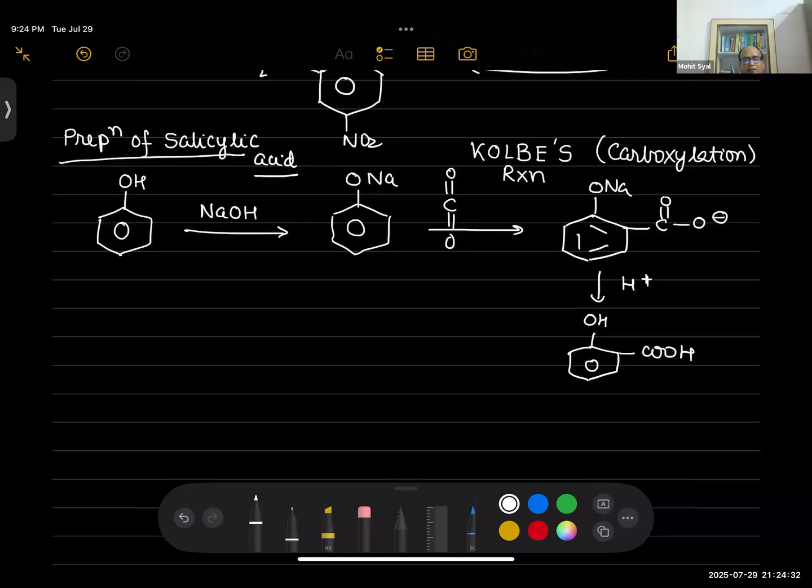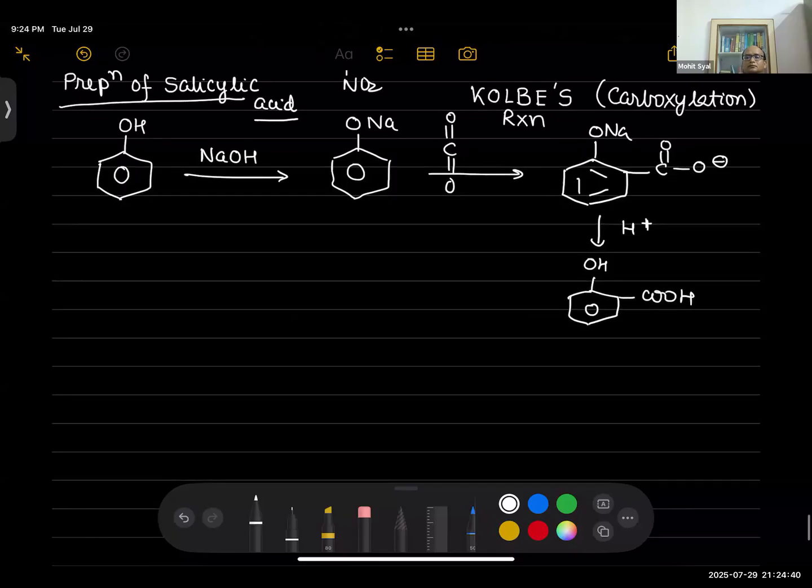So Ibrahim, can you just quickly recap how to convert the phenol to salicylic acid? What reagent should we use? Yeah, tell me. The NaOH and CO2, and H plus. This minus charge is there.